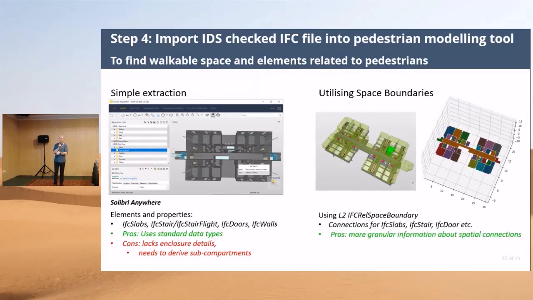It does give us more granular information about the spatial connections, but it's not exported by default in Revit. You have to manually click it on, and occasionally it misses things which the user hasn't specified in the project either. So the model has to be well defined.